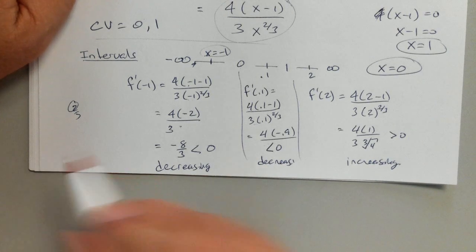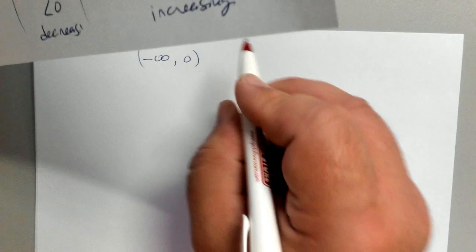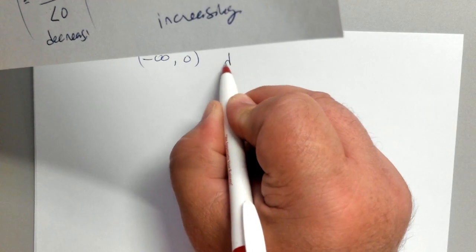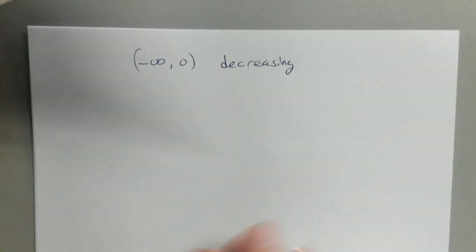So, the interval from negative infinity to 0, the function is decreasing. From 0 to 1, it's also decreasing.